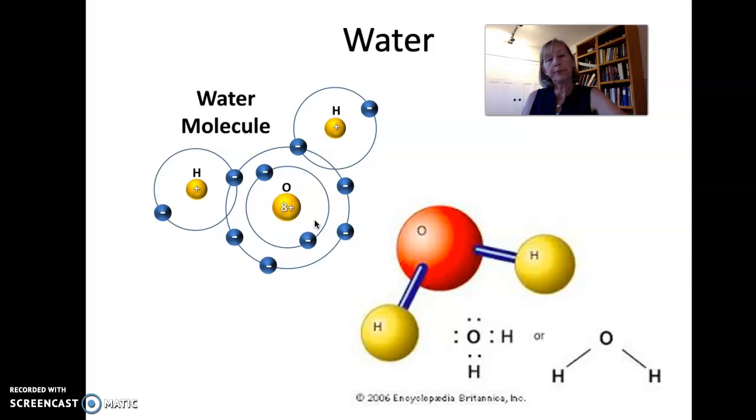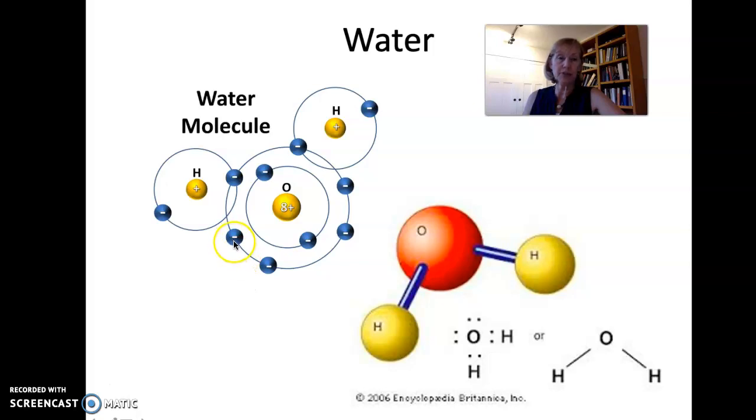So, in the outer shell, the first shell fills with 2, and then beyond that, it goes to a different energy level. This second energy level fills with 8. Look at oxygen.